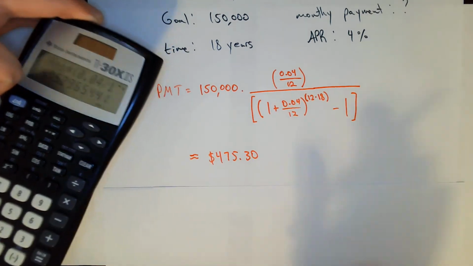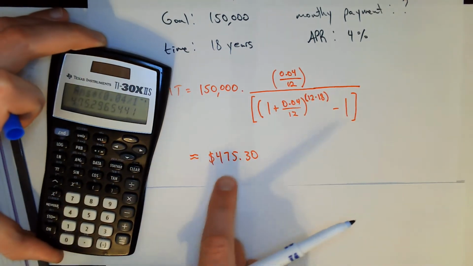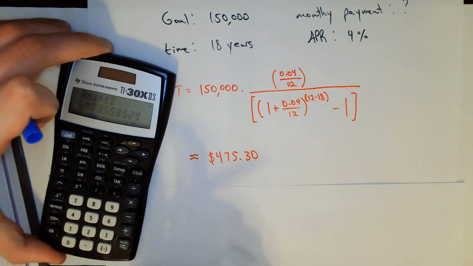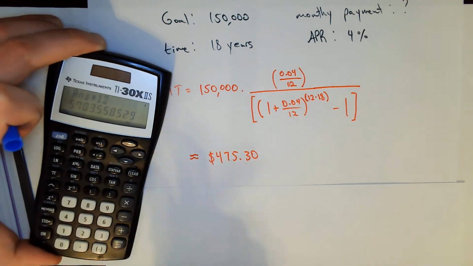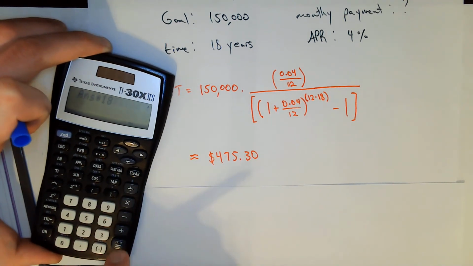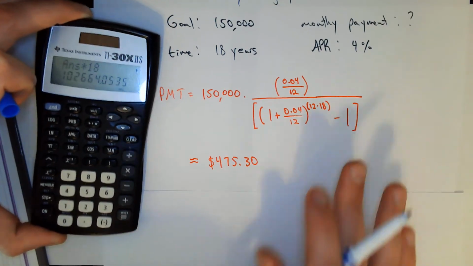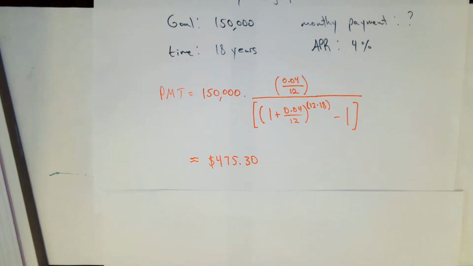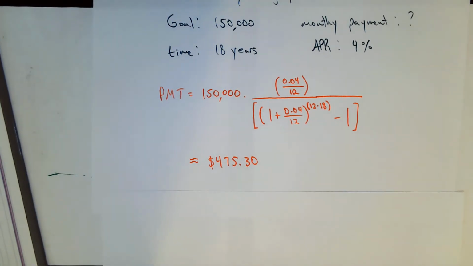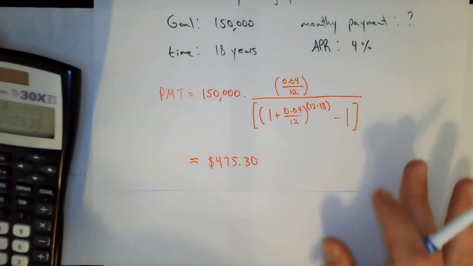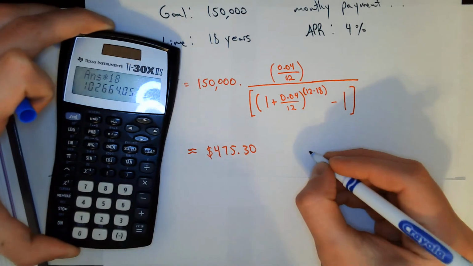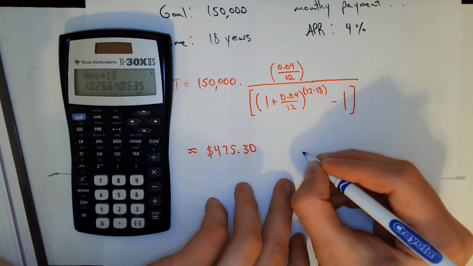Well, if she's making this payment every month, so times 12, that's how much she's making per year for 18 years. So I'll multiply by 18. I'm saying she because that's what the example in the text says, but if you are making this payment, how much are you actually putting in after 18 years?